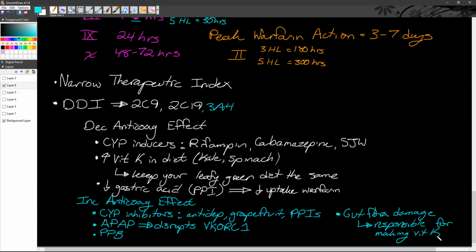So if the bacteria in your gut are damaged, say you have severe diarrhea for a few days, then the normal amount of vitamin K that you produce throughout the week is going to be disrupted. And so less vitamin K that your gut is creating means that warfarin isn't going to be competing as much, and it means that it's going to be working much, much better. So someone who has severe diarrhea for a few days on warfarin might be at risk of bleeding.